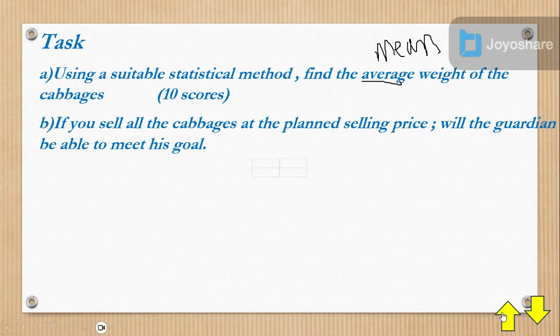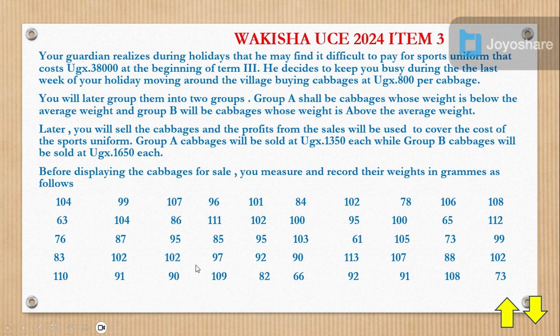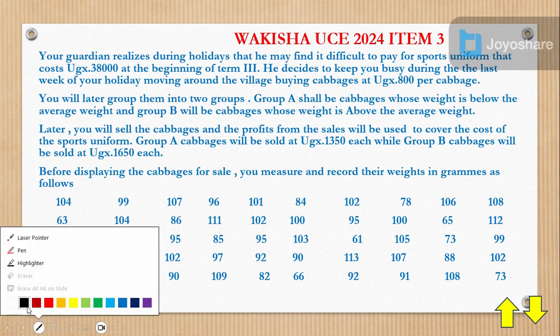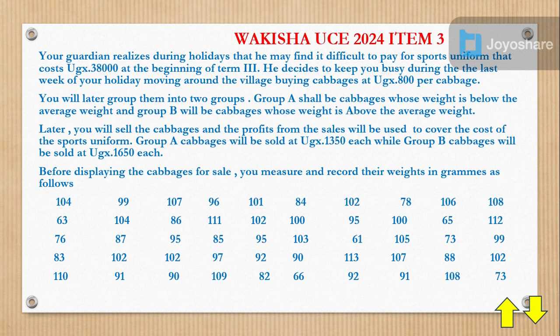You can use a class interval of 10. Allow me to use C.I. to mean class interval of 10. We can choose to use a class interval of 5. You choose, but preferably here I'll use a class interval of 10.